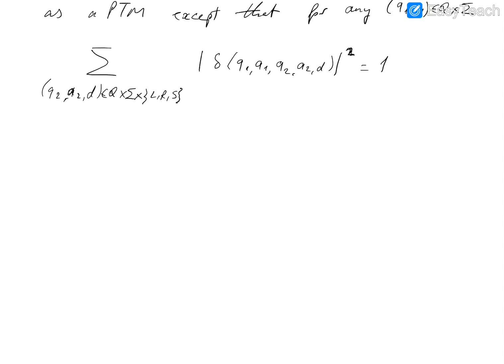Similar to a probabilistic computation, a general configuration of a quantum Turing machine is a linear combination of the basis configurations.